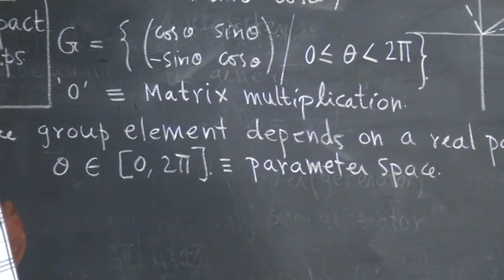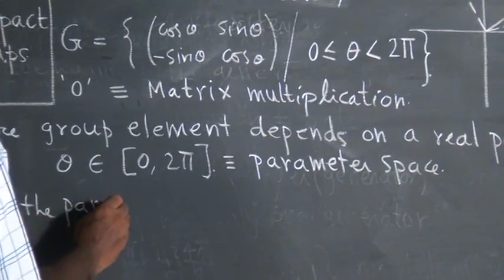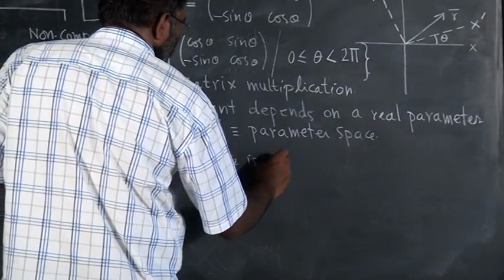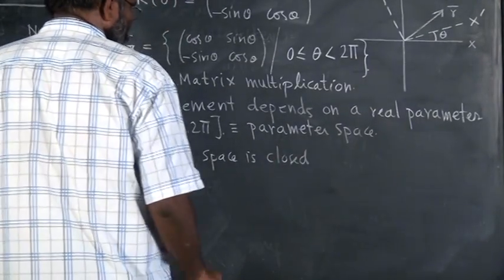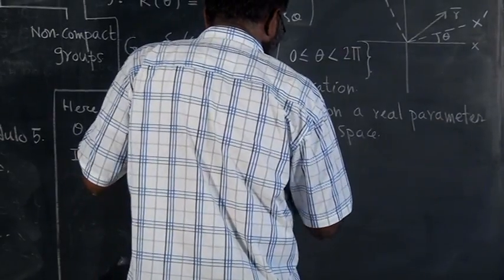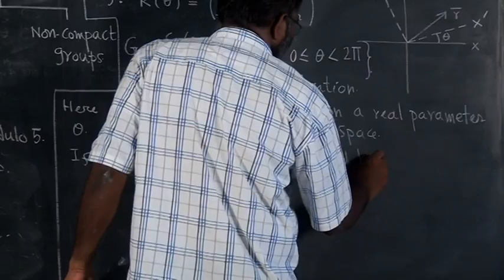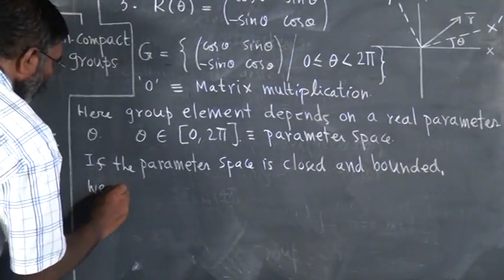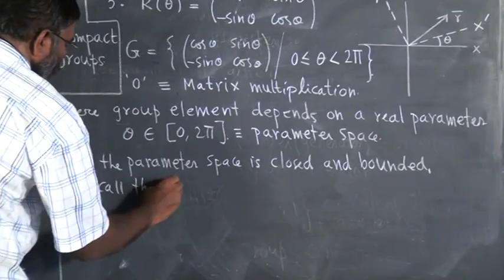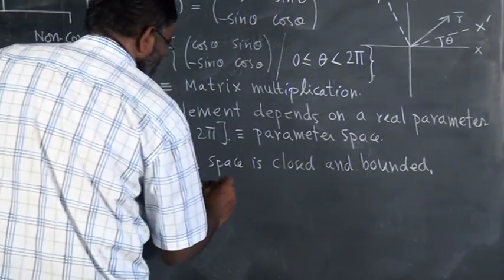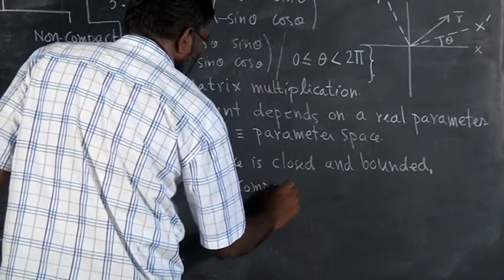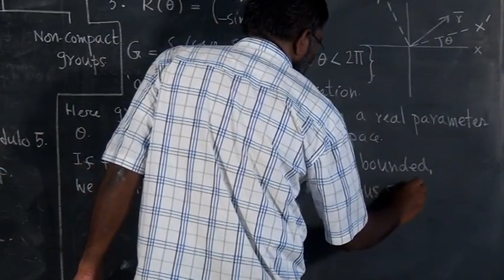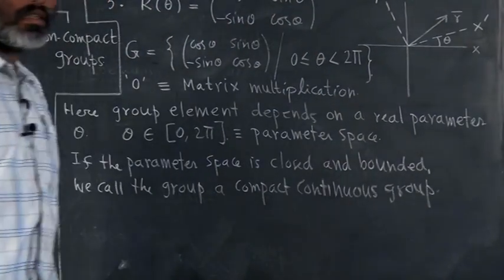Now, if the parameter space is closed and bounded, we call the group a compact continuous group.